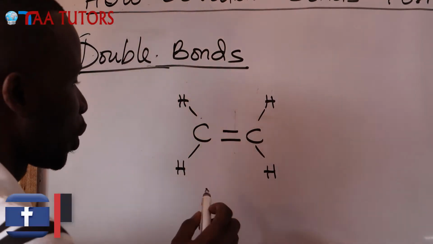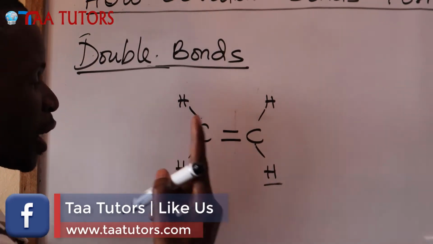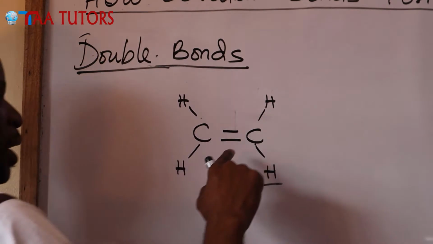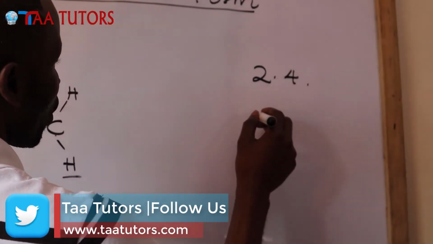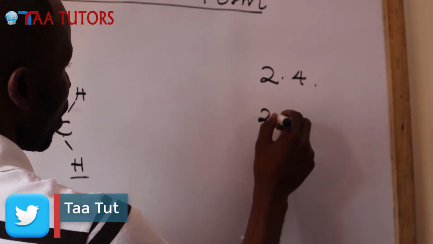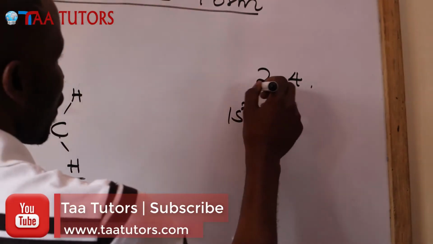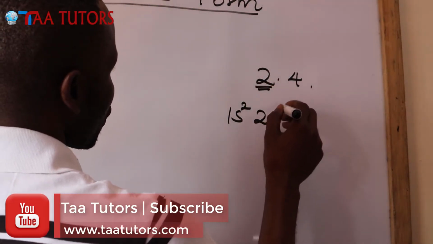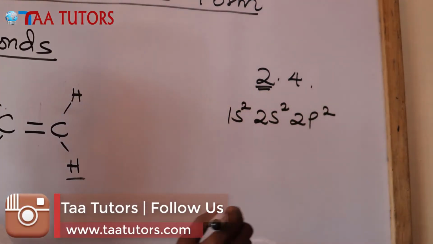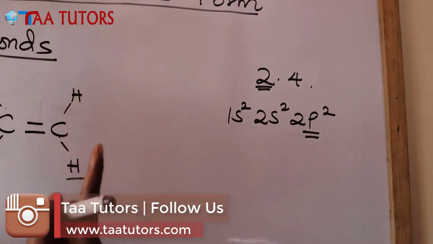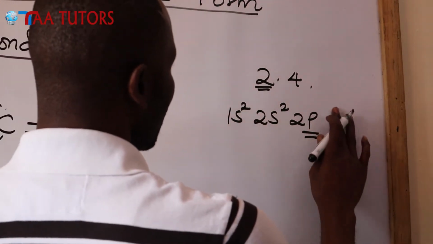I'm so much concerned with this particular point here, because these are the bonds between this and this. We can simply see them, because hydrogen has an s orbital, and carbon here will be a p, because carbon is 2,4. So we are going to talk about 1s2, then 2s2, then 2p2.